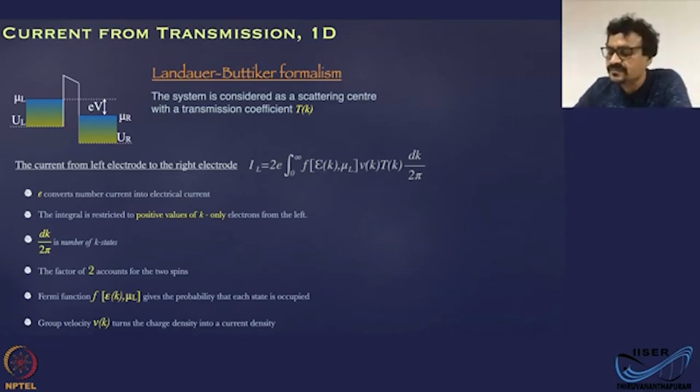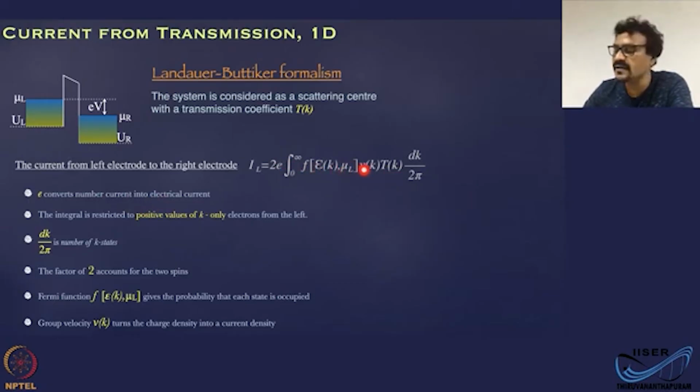Okay, so let's write down the expression for current. In this case, from left electrode to right electrode, what you have is I_L equals 2e times an integral. That 2 stands for the spin degeneracy. e is the electronic charge, which multiplies this particle current into the electrical current.